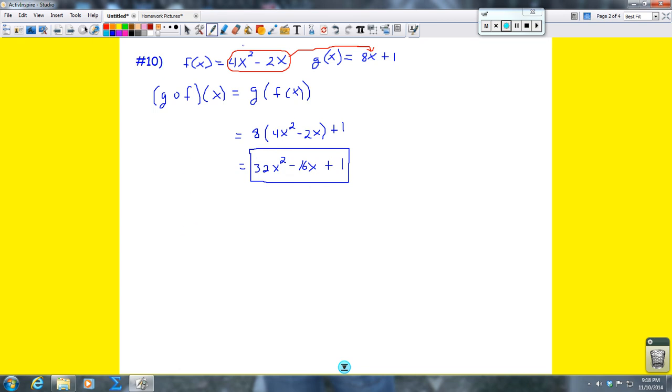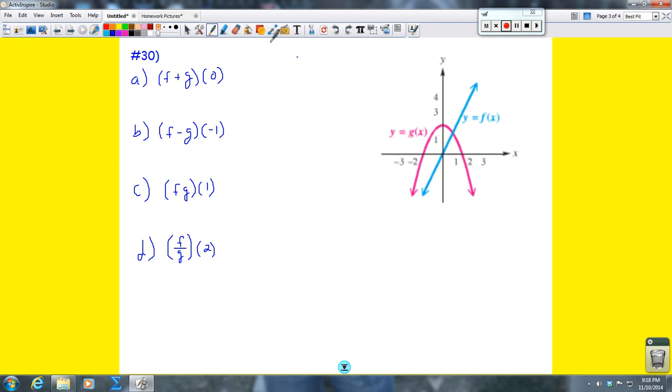Okay, that's all complete. Now we're going to go on to number 30. Number 30 in part A says find f plus g of 0. That means you're supposed to find f of 0 plus g of 0. Looking at the graph, f is the blue one. 0 means you're looking at the x values, and 0 is right here.